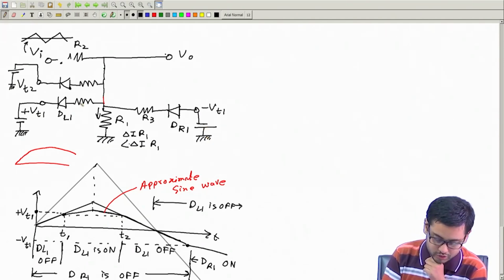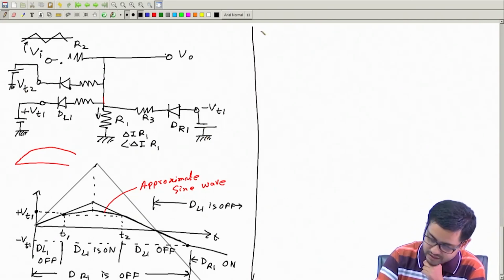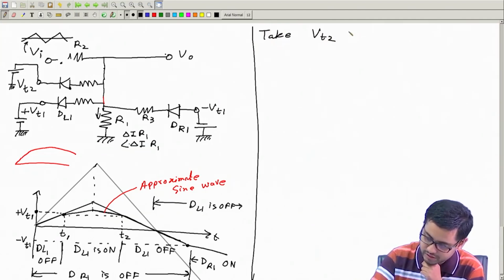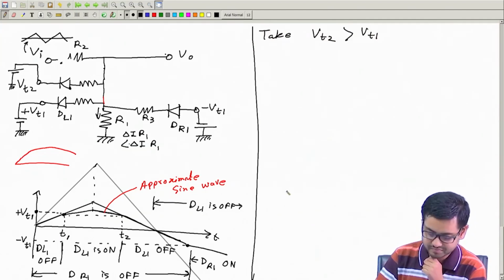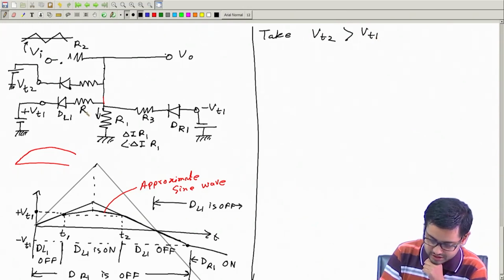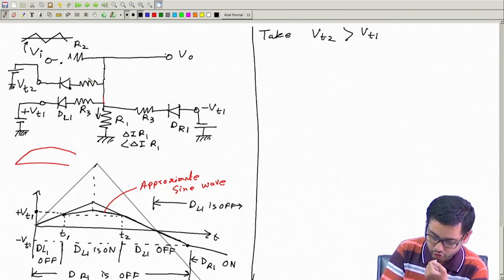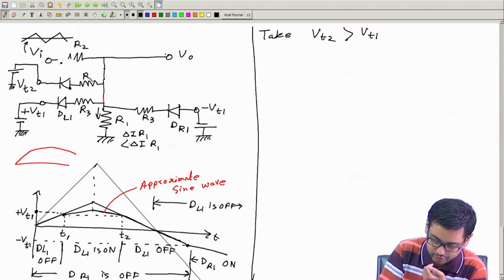Now, what I will do, I will take VT2 greater than VT1. This you can take R3, R4, or you can take them equal if you like.